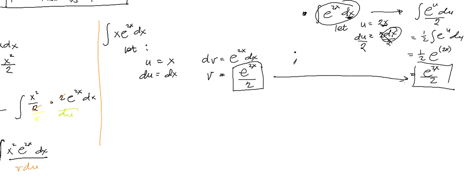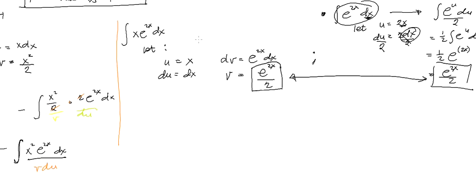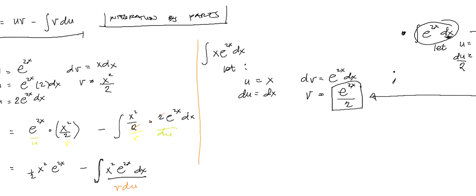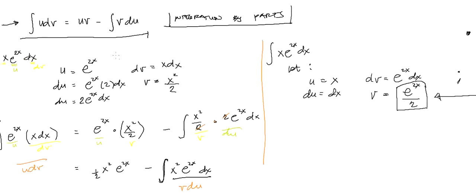As you can see here, you can now easily integrate this. We have 1/2, this is the constant, then the integral of e^(2x) dx is just e^(2x) all over 2.